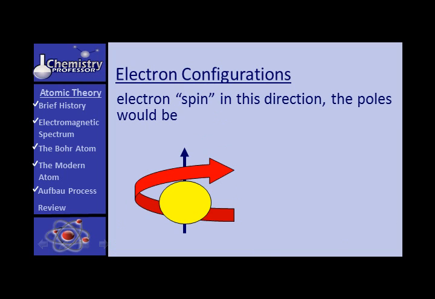So if the electron is spinning like this, now wrap your fingers around it mentally. The poles are going to be a north pole here and a south pole here. In other words, what we literally have is a magnet. When it's set up like this, we call this spin +1/2.